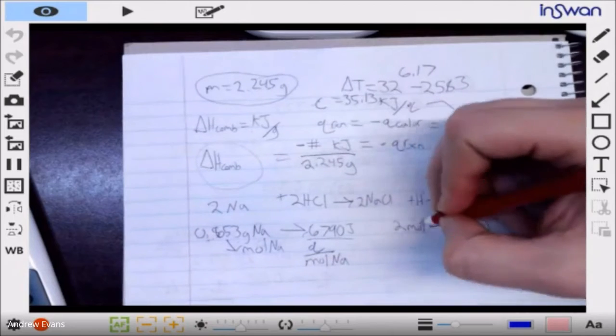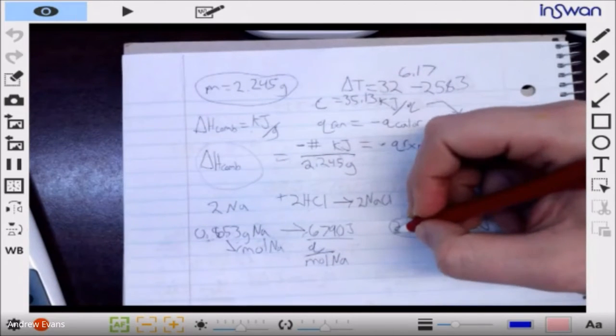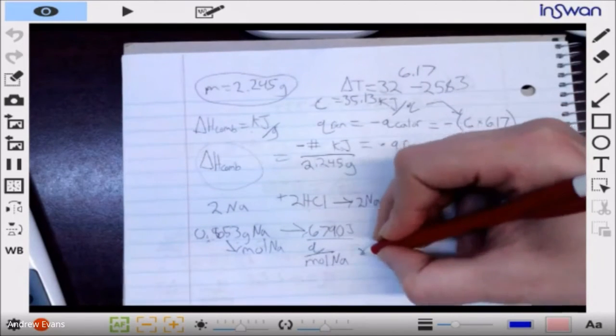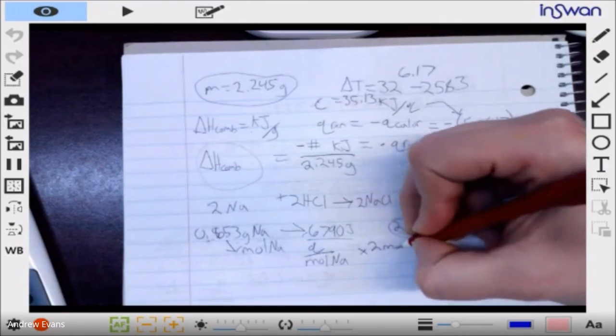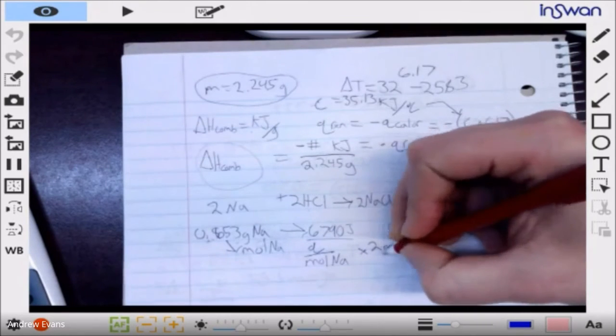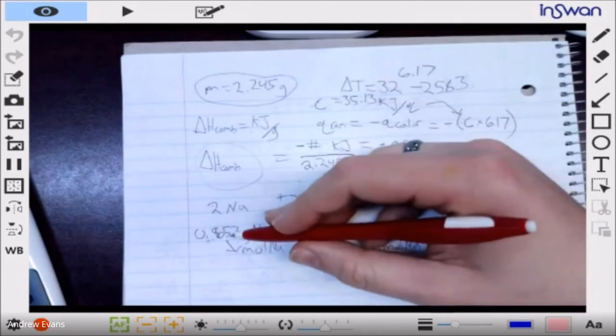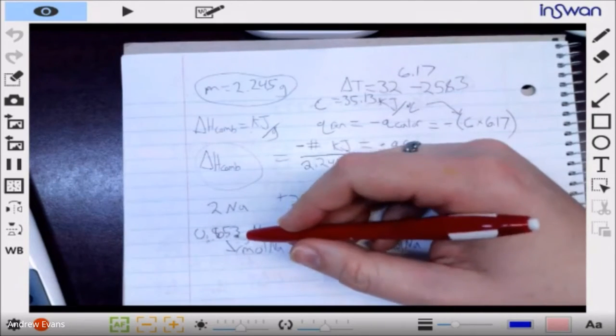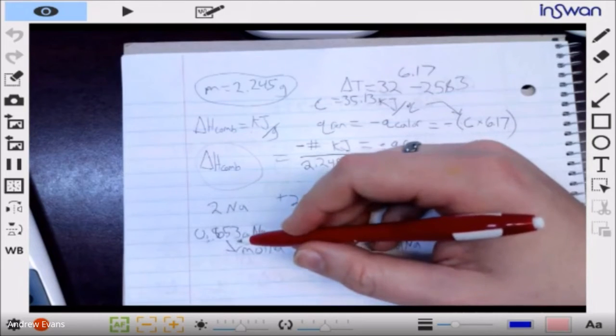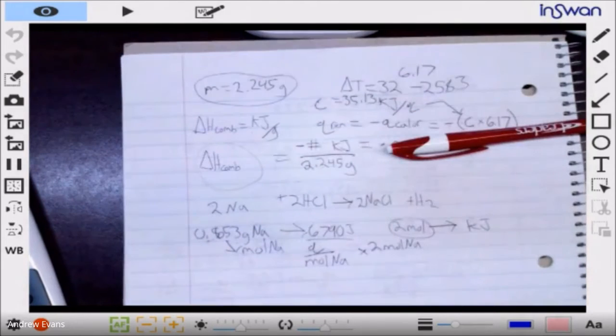From here, because we're scaling it up for 2, we then multiply this by 2 moles of sodium, and that would give us our number. But for this to work, you have to figure out how many moles of sodium this is. It's going to be a really small number, because the molar mass of sodium is what? 23 grams per mole, and we don't even have 1 gram.